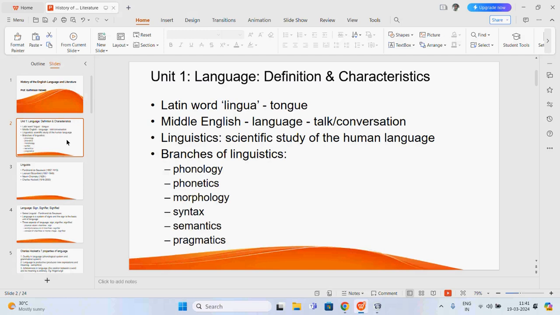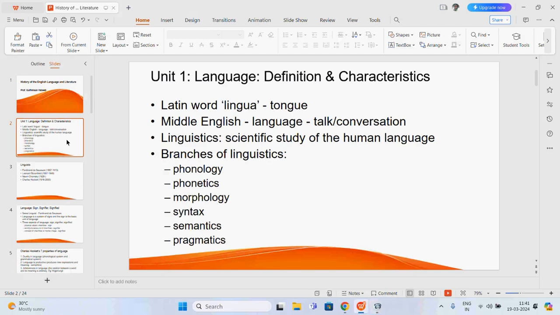Let us take up these units one by one. In Unit 1, which is titled Language, Definition and Characteristics, we deal with the basic outline to English language. The basic information is provided to you in Unit 1. Let us first understand what we mean by the word language.